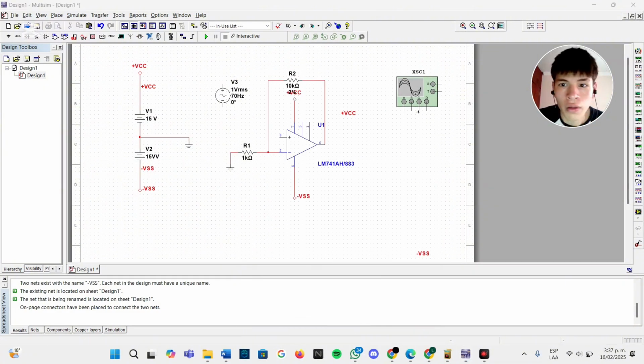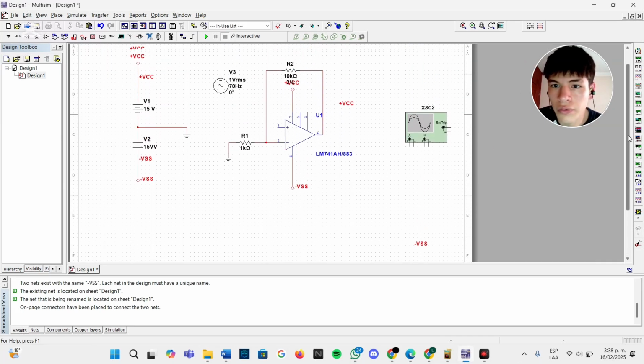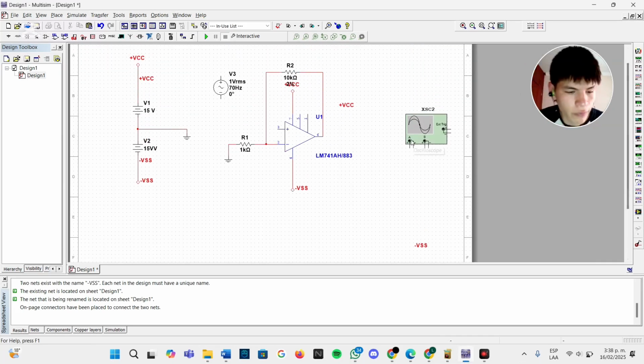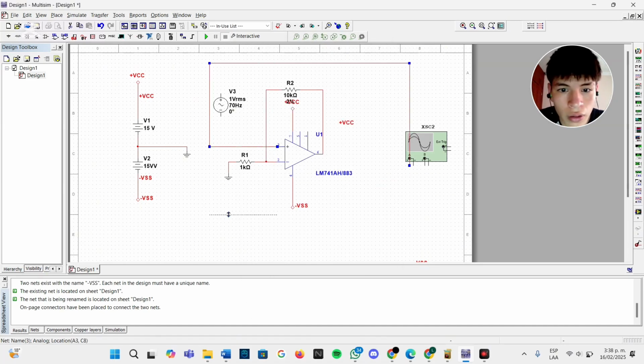We've connected this. The positive port with the positive part of the LMC 739. The negative parts and the ground.